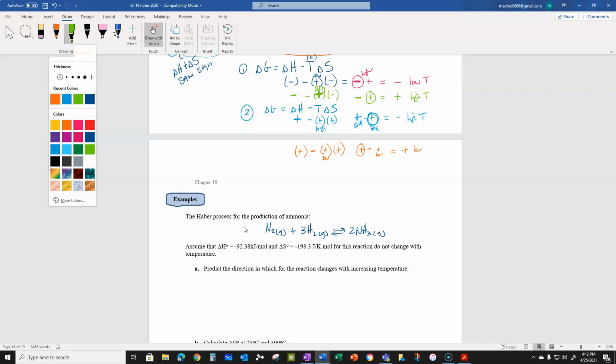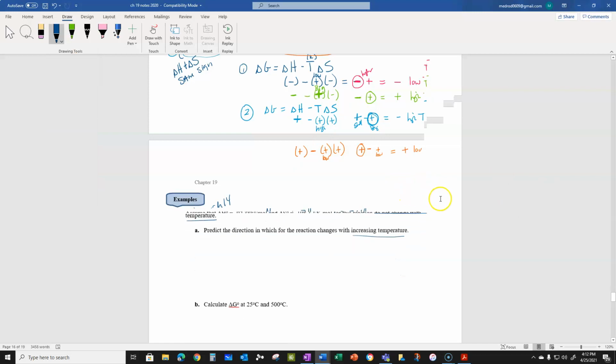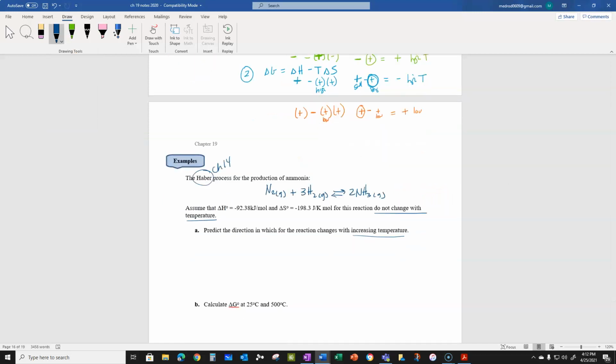Assuming that H is negative and S is negative for this reaction, and let's just say that temperature has no effect on it, okay? Predict the direction in which the reaction changes with increasing temperature. So what happens if temperature changes? What would happen to the direction? Will it still be spontaneous in one direction, or would it actually be spontaneous in another direction?